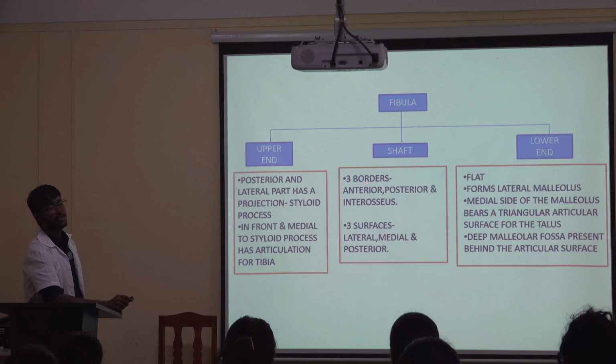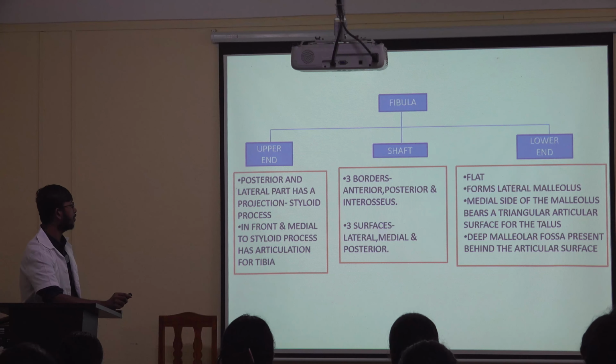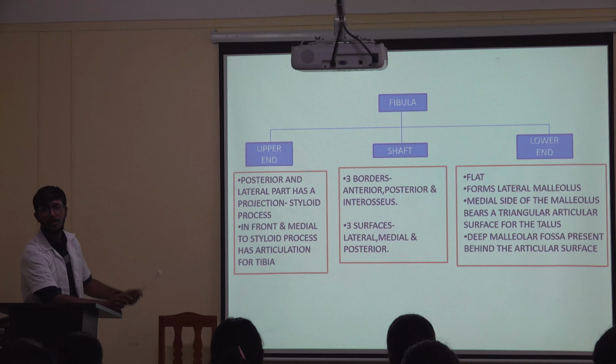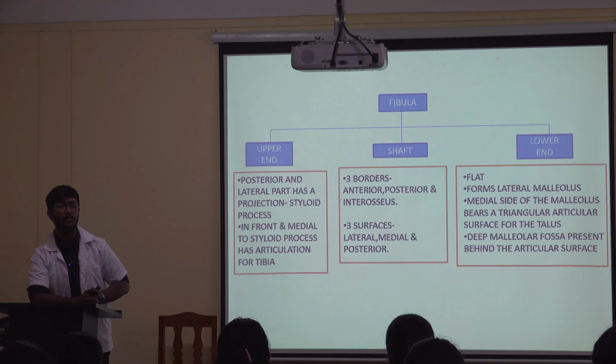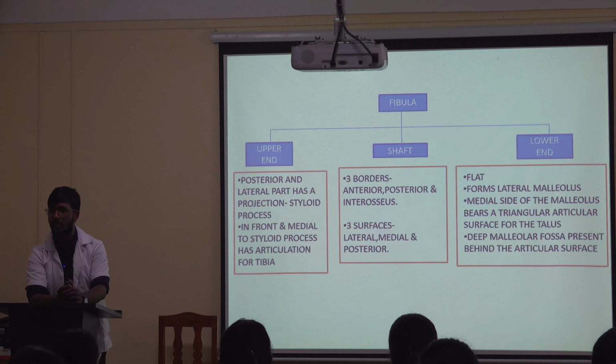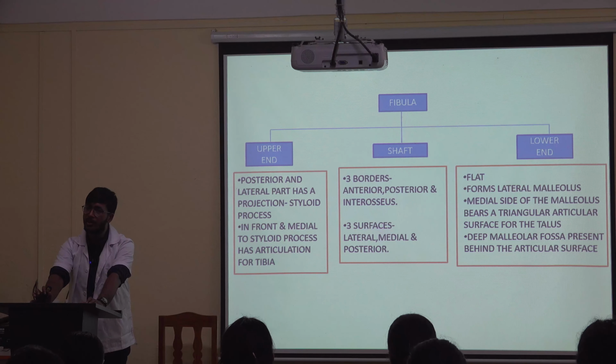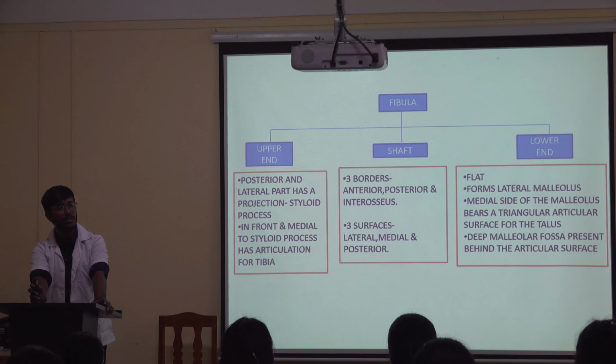So the shaft is again divided into three borders and three surfaces, as I have already told. The three borders are anterior, posterior and interosseous. So what do you mean by interosseous? In between two bones. So any membrane present there? Interosseous membrane. In our upper limb we have seen that the interosseous membrane is present between radius and ulna.